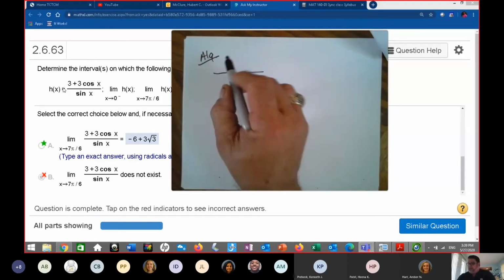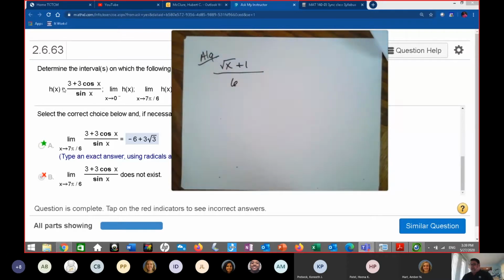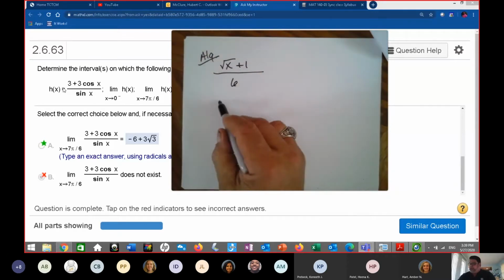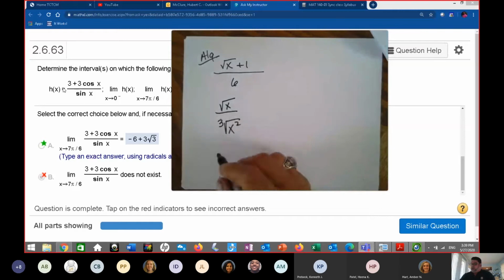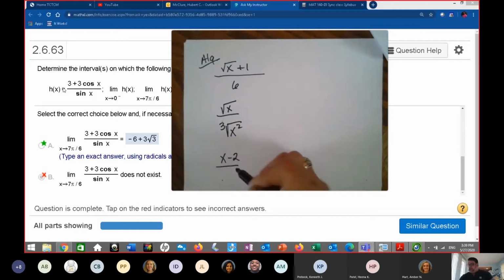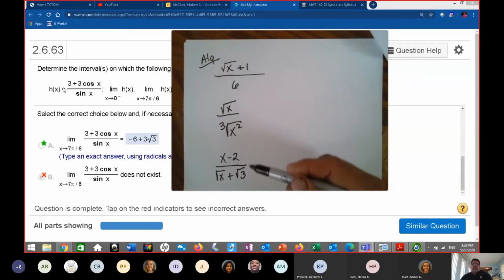When you have the square root of x plus 1 over 6, or you have the square root of x over the cube root of x squared, or you have x minus 2 over the square root of x plus the square root of 3. That's when you either rationalize the denominator or rationalize the numerator.